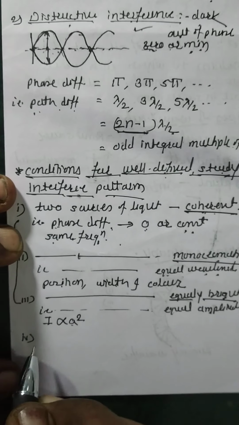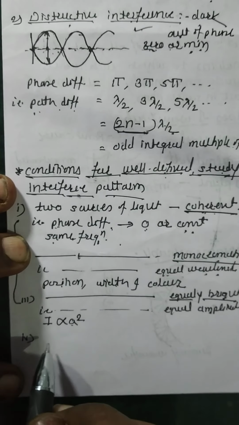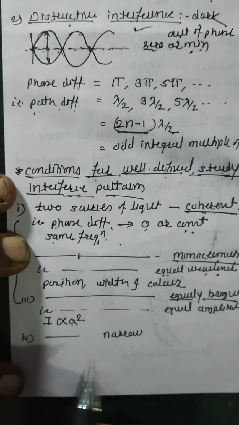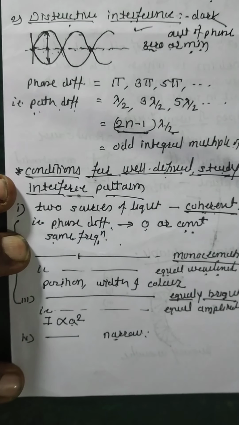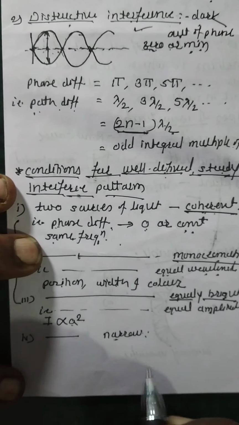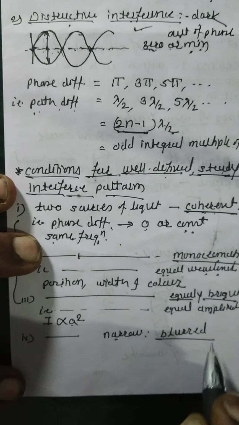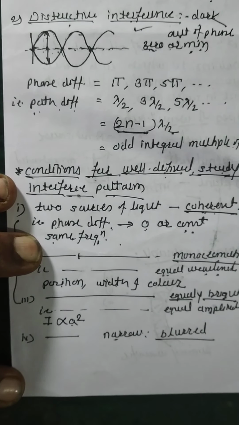One more condition: the two sources of light must be narrow. If slits are broad, the distances from different points along the slit to the given point on the screen are different, and hence a blurred interference pattern is produced.